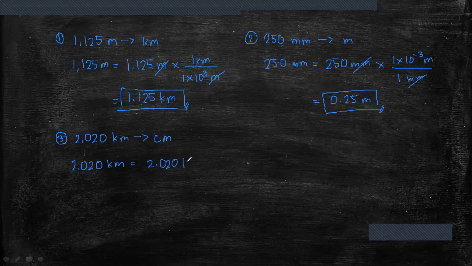Now, let's multiply 2,020 kilometer by 1 times 10 raised to 3 meter is equal to 1 kilometer. And multiply it again by 1 centimeter over 1 times 10 raised to negative 2 meter, so that we can cancel kilometer and meter.